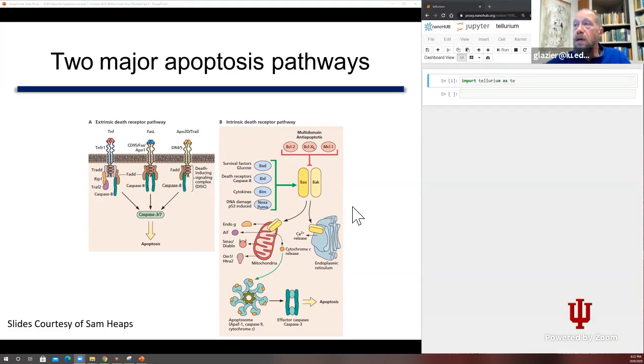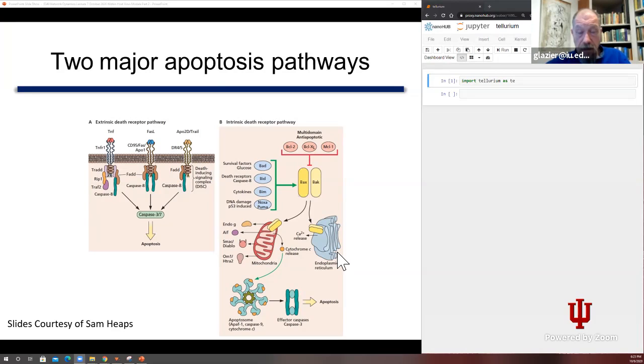The other ones are a whole variety of molecular species, some of which I don't know well myself, which can do a variety of things. In particular, they can lead to calcium release of the cell. That calcium release could lead to cell death directly. They could also lead to what's called mitochondrial permeabilization.